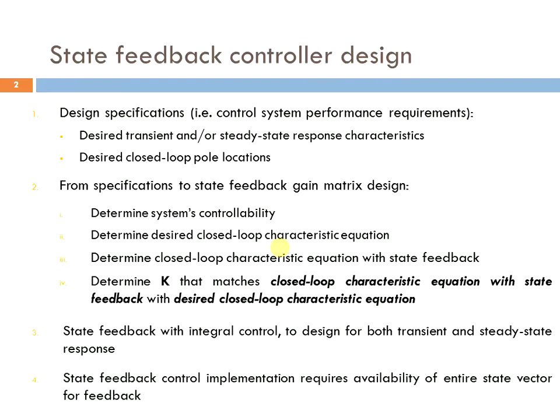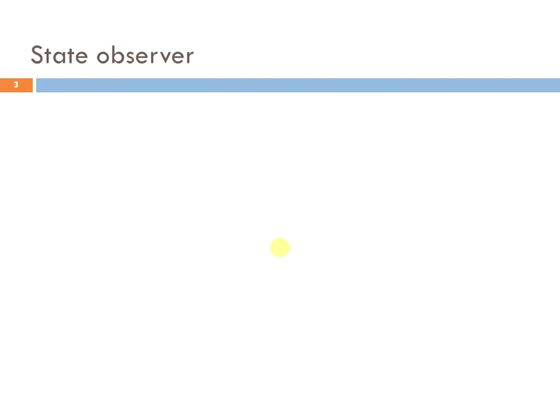Now, one other thing that we have mentioned in a previous lecture is that state feedback control implementation requires the availability of the entire state vector for feedback. So what happens if for some reason some of the state variables are not available for measurement? Well, this is where the component known as the state observer comes in, and we are going to look at how this is used in a case where our entire state vector is not available for feedback.